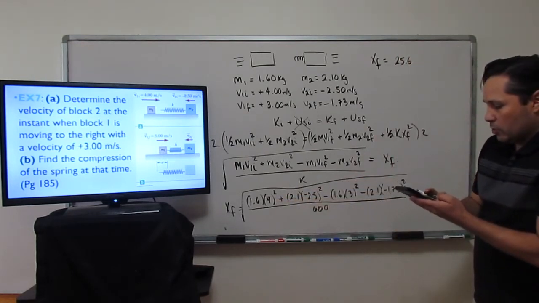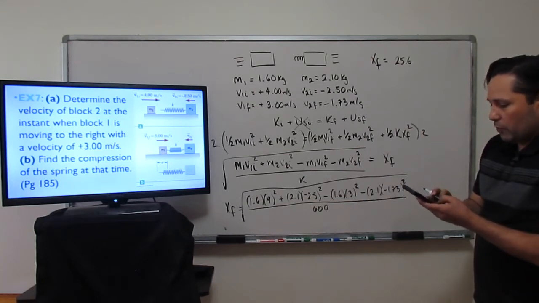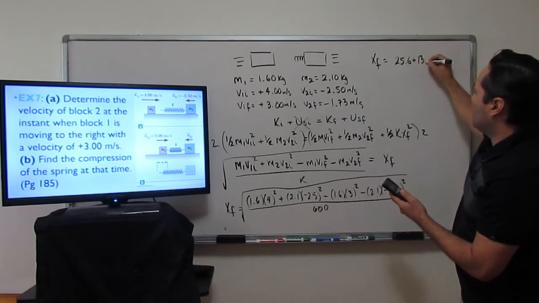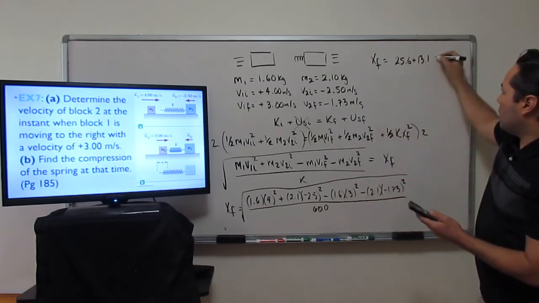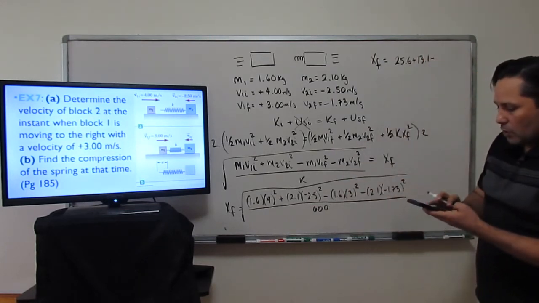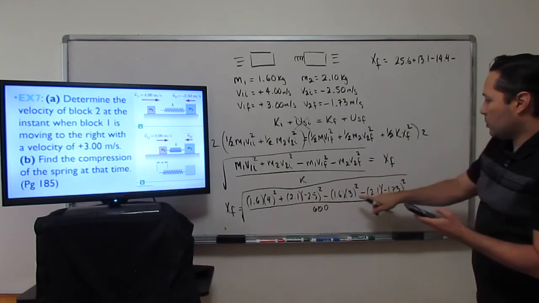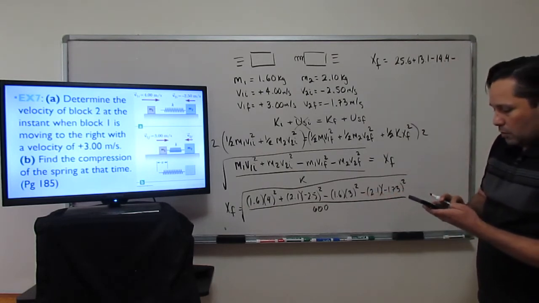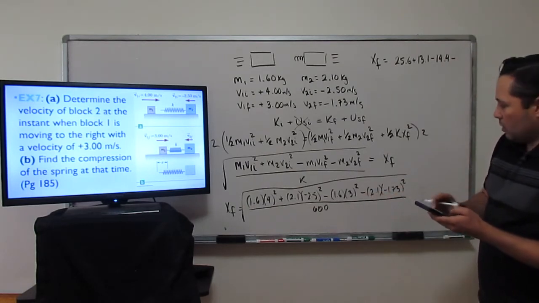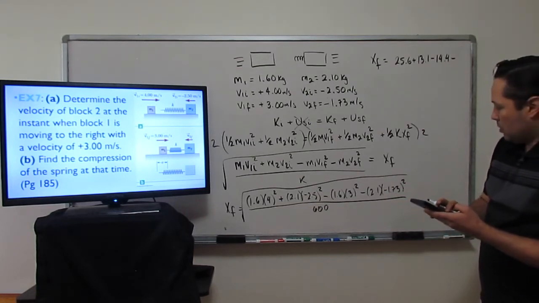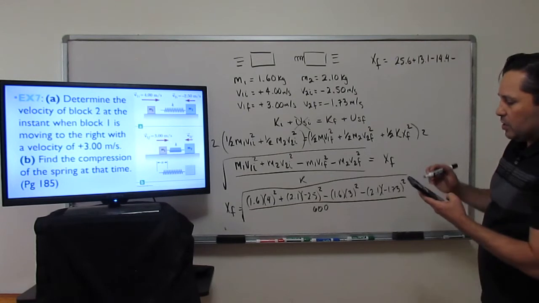The next one, 2.1 times 2.5 squared, gives me 13.1, so that's plus 13.1, and minus 1.6 times 3 squared gives me 14.4, minus 2.1 times 1.73 squared gives me 6.3.